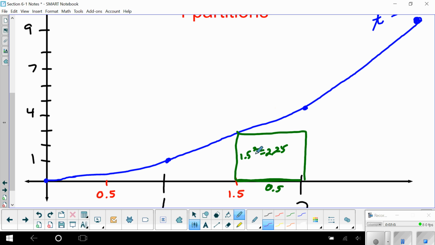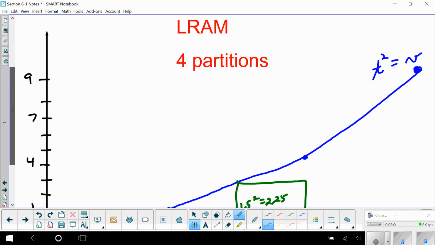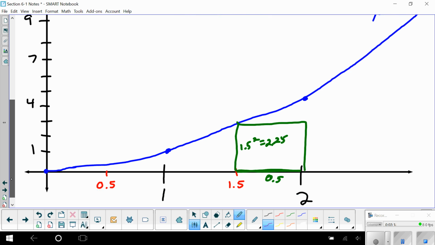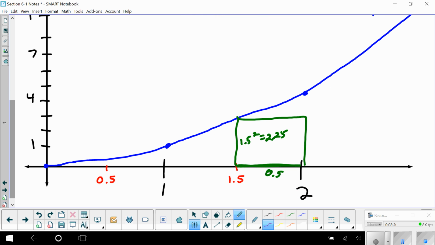This is what's called the left rectangle approximation method, or LRAM, as I have up here. And it's just saying I'm going to use rectangles where the left side of the rectangle determines the height. And those areas will approximate my total amount of change.